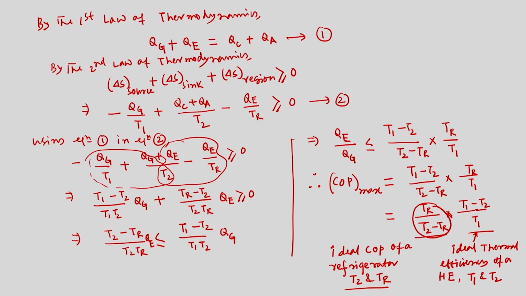When we are interested in the COP of a vapor absorption refrigeration system, it is nothing but the multiplication of the COP of a refrigerator working between T2 and Tr and the ideal thermal efficiency of a heat engine working between T1 and T2, right.